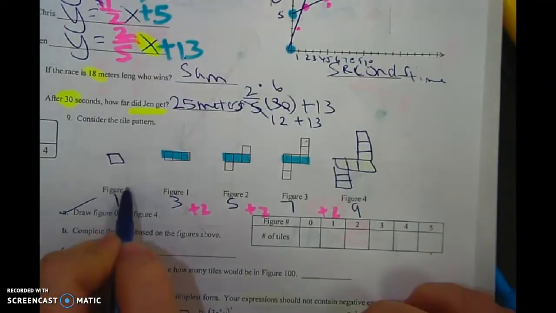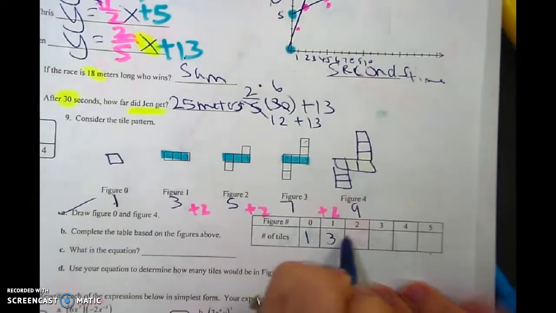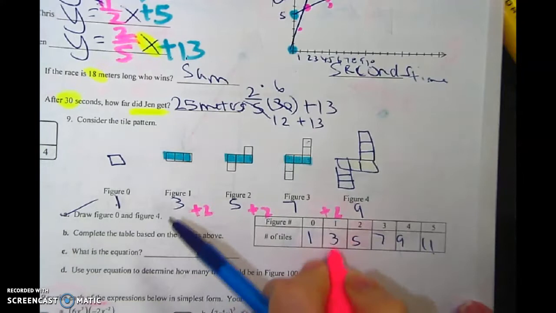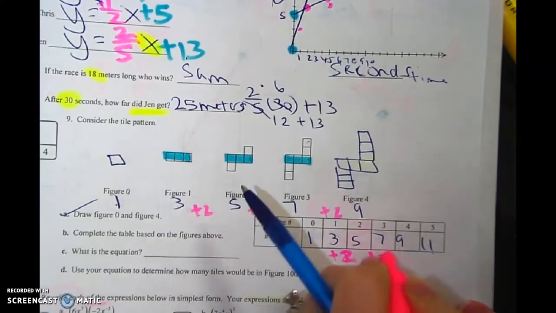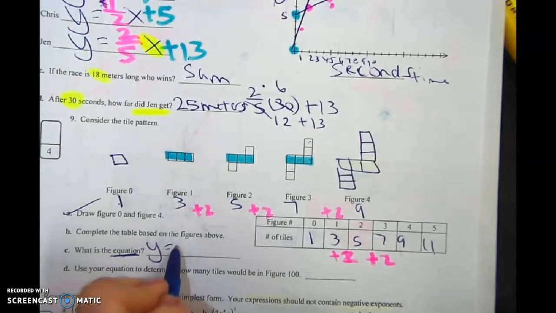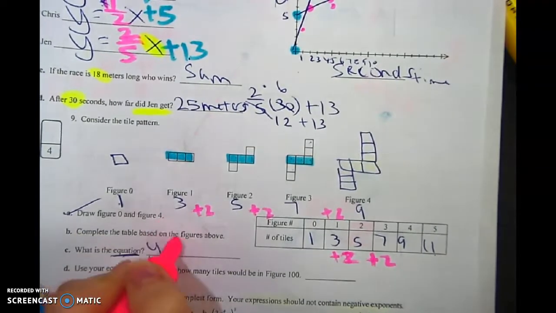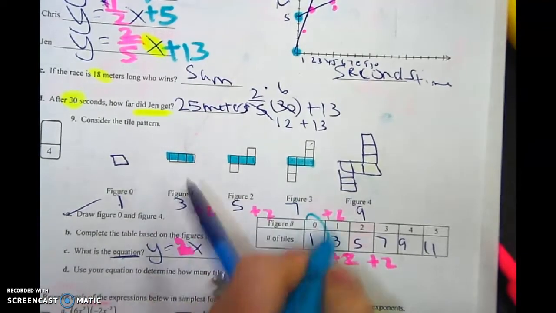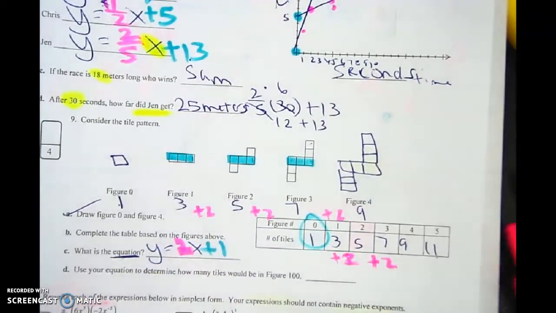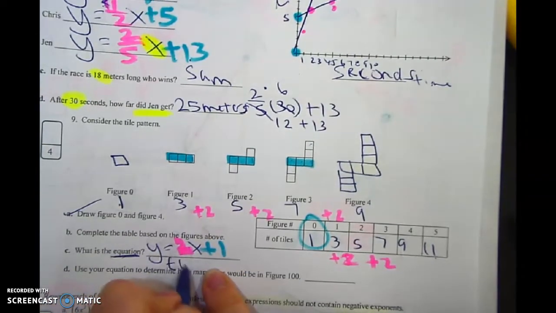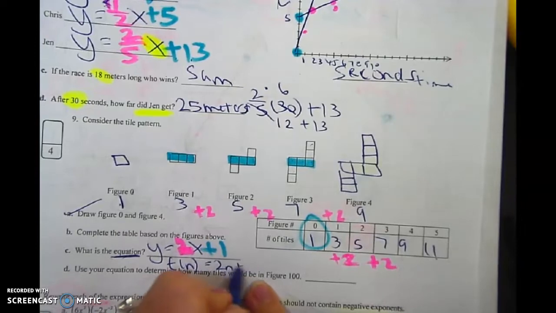Complete the table. So 0, 1, 3, 5, 7, 9, 11. Show the pattern. What is the equation? Y equals 2x plus 1. Or, depending on what it might be, because it didn't tell you, it could be t of n equals 2n plus 1.